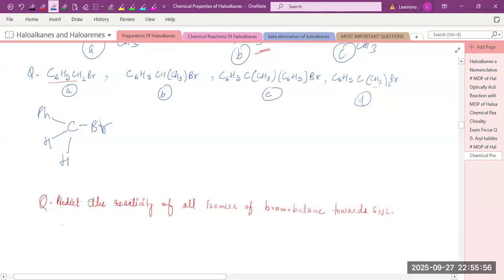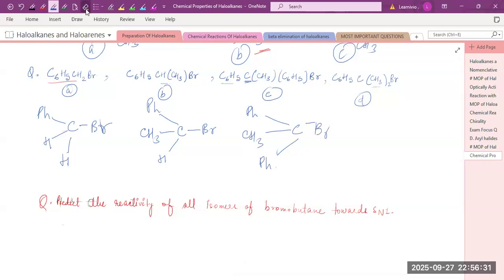Now let's do the second one. Draw the structure of the second. So CH, C, and this bromine, and here the CH3 group is attached, one hydrogen is attached to this carbon, and one phenyl. Now for this one, this is a carbon with a phenyl ring attached, this phenyl C6H5, and CH3, and again this C6H5, the phenyl ring, and here the bromine group.